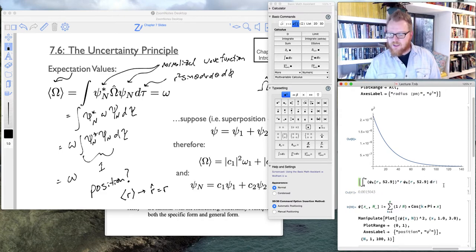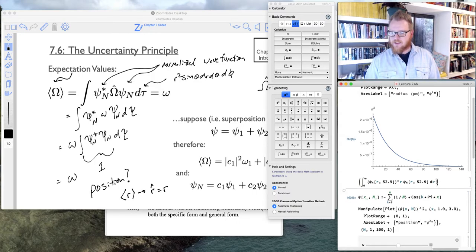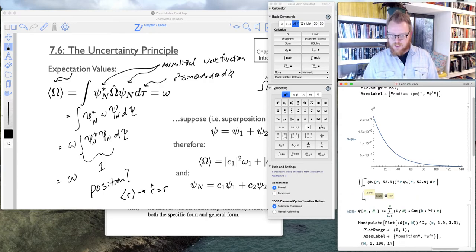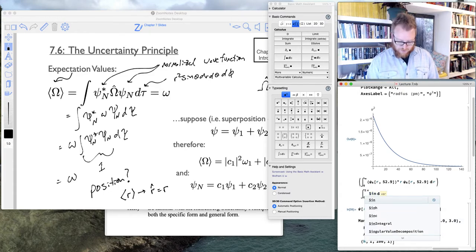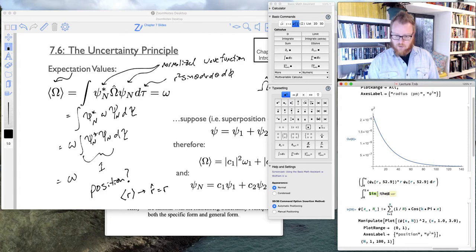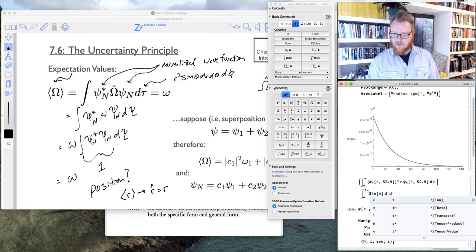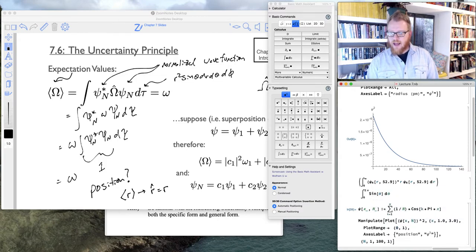Okay, so here's what we're going to do. I'm going to say parentheses, parentheses, and now I'm going to say that's multiplied by 0 to 2 pi, and then sine theta bracket d theta. Okay, lovely.